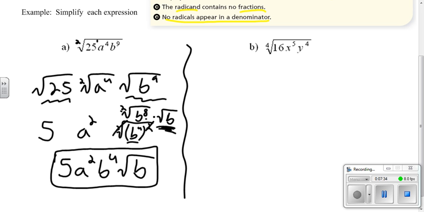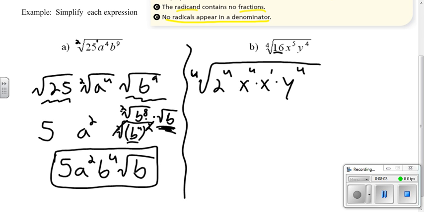Moving on to our second example, this time our index is 4. So we want to make sure that we can get things down into groups where they are to the 4th power. One thing we can recognize is that 16 is 2 to the 4th, and we're keeping our 4th radical over everything. X to the 5th we can rewrite as x to the 4 times x to the 1, or just x, and y to the 4th is already a power of 4.